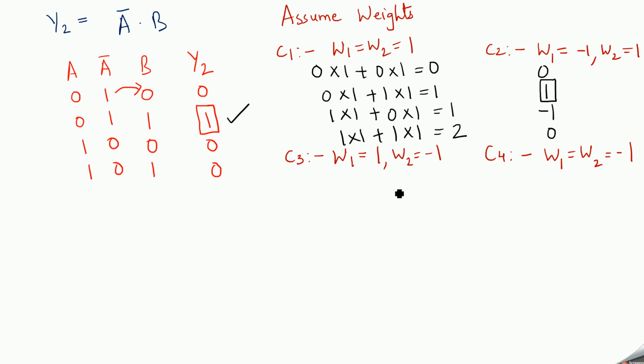We'll check out for case 3 and case 4. So this is 0, 1, -1 and 0. Now we are checking out for case 2. We are getting the answer as 0, 1, -1 and 0.